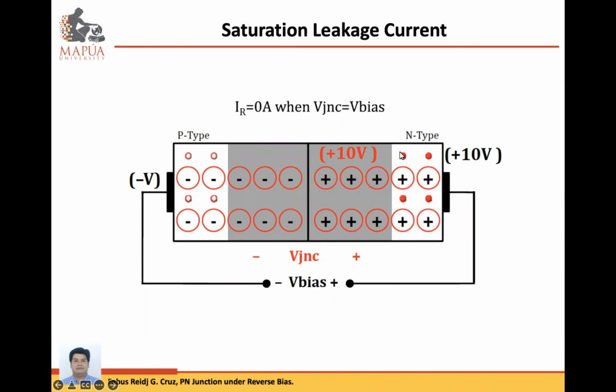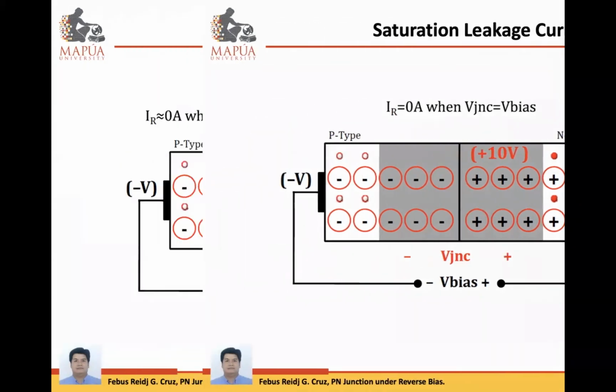So the negative free electron will not be attracted to either of the two since they have the same amount of electrostatic force. So they will have equal effect and cancel each other. That means the electrons will not move. Likewise, the holes will not move since you will have the same amount of negative potential. Okay, is that clear? Please confirm. Yes po, sir. All right, thank you.